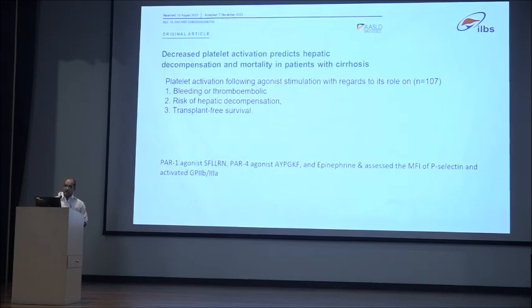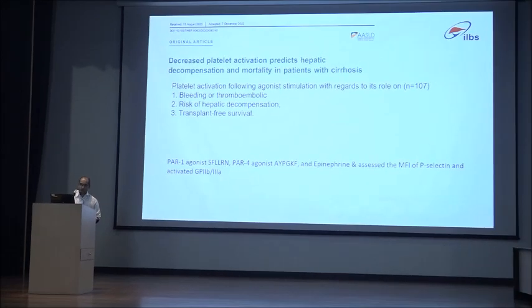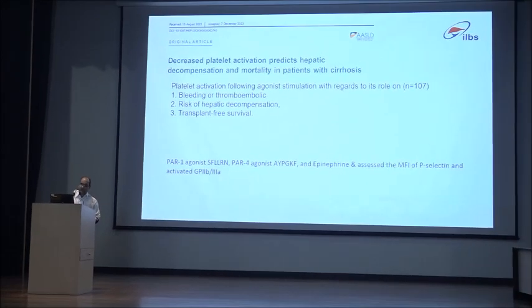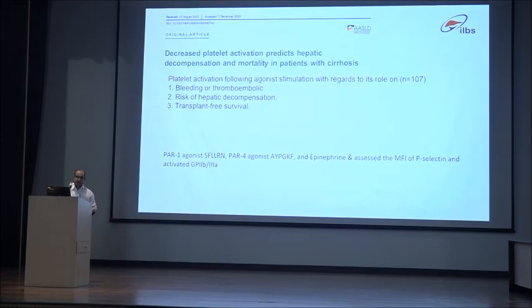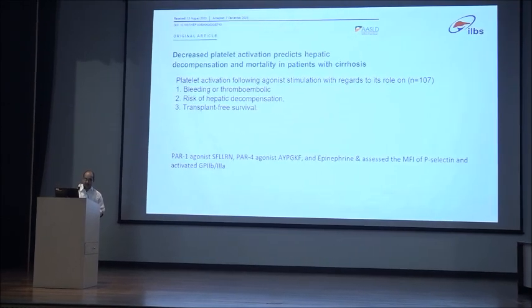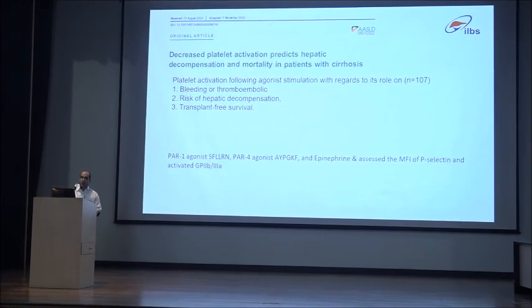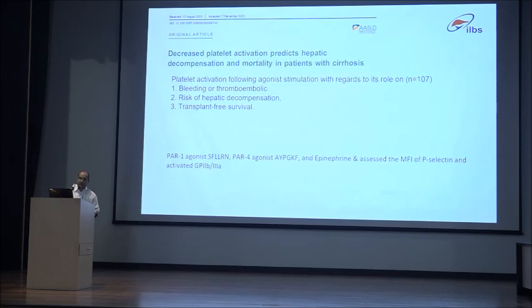Now, this is the article which was recently published in Hepatology. What they did is they took 100 odd patients and they assessed platelet activation and its possible role in bleeding or thrombotic events, risk of hepatic decompensation, or transplant-free survival.